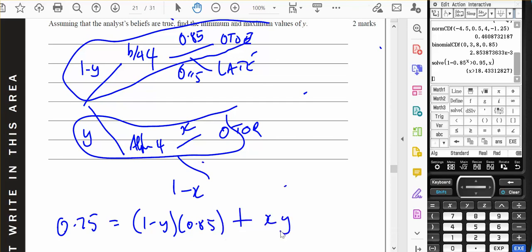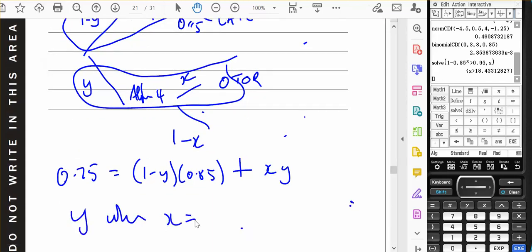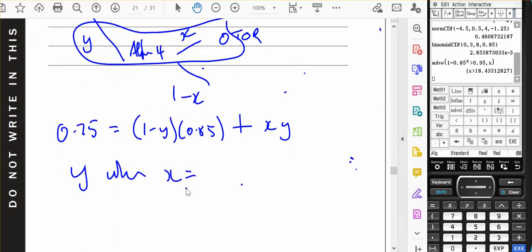And what I'd like to do is find y when x equals, what's the range, 0.3, and find y when x equals 0.7, and that will be my range of y.